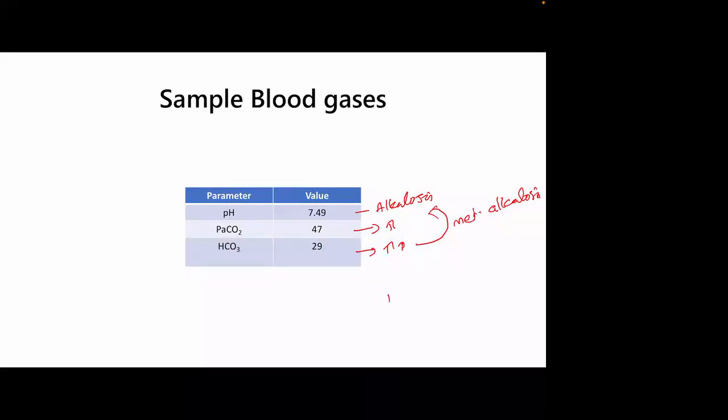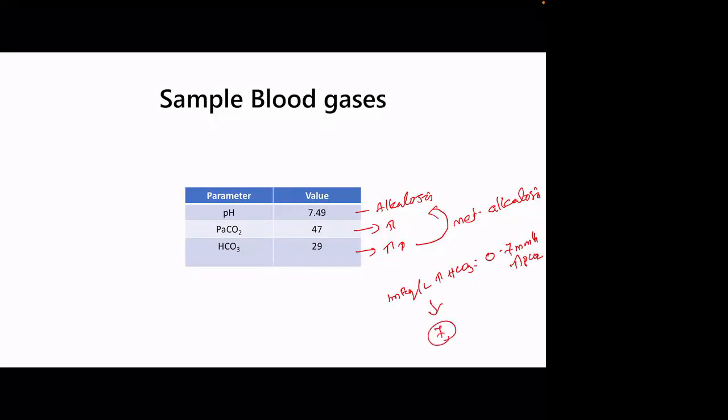For each 1 milliequivalent per liter increase in bicarbonate, there will be 0.7 millimeters of mercury increase in PaCO2. Here bicarbonate is increased by 7, so carbon dioxide should increase by 7 into 0.7, 4.9 or nearly 5. So carbon dioxide is increasing, but it is not increased up to the complete compensation levels. And still there is metabolic alkalosis in this part.